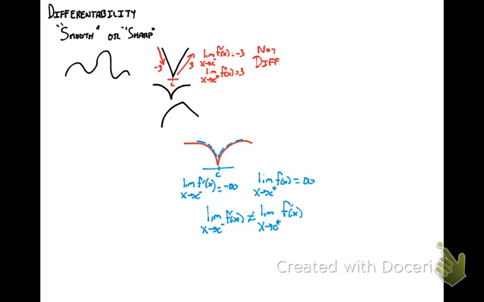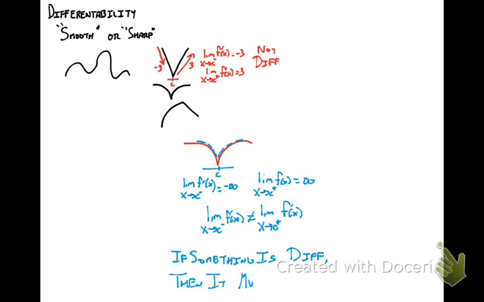And here's the issue. Both of these curves we've considered are continuous, but they are not differentiable. So, just because something is continuous doesn't mean it is differentiable at a point. But the converse of that statement: if something is differentiable, then it must be continuous.